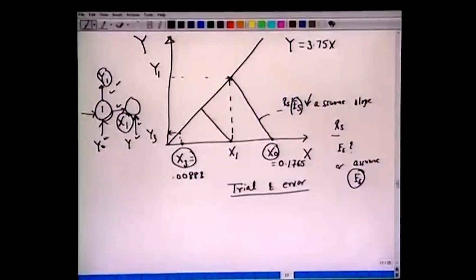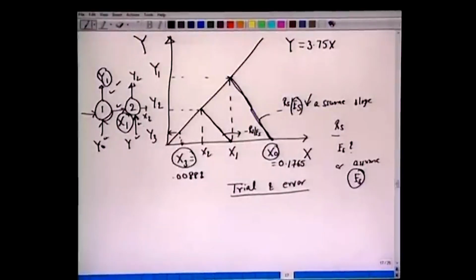Again we can take this slope here. Note that this line will now be parallel to this one, because the flow rate of the solvent in stage 2 is the same as before. So this slope will also be minus Rs by Es. Now we reach here. The coordinates of this point are y2, the stage 2 stream, and x2, which is here.